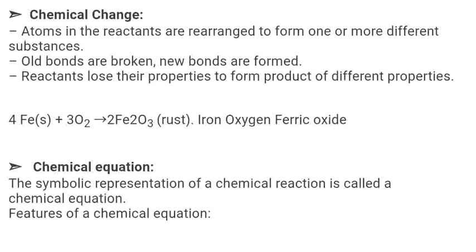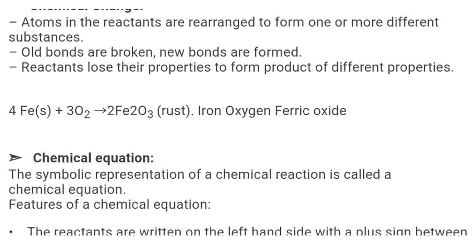For example, here the example given is 4Fe plus 3O2. We are reacting iron with oxygen, then Fe2O3, rust, is formed. If we leave iron in the air, then after some time it will react with air and form rust. This rust is nothing but iron oxide or ferric oxide.